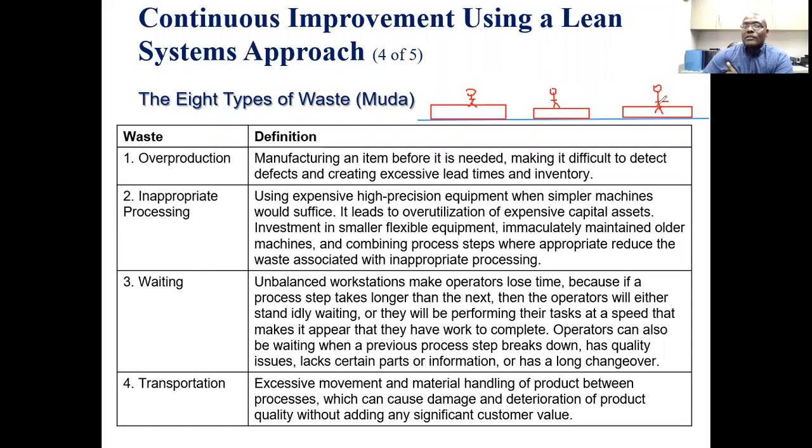Now assume that employee 1 can process, say, 100 units of product within the course of the day. Employee 2 can process 50 units, and employee 3 can process, say, 75 units of product during the course of the day.